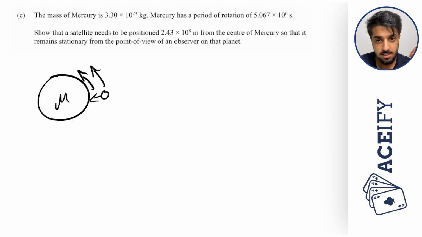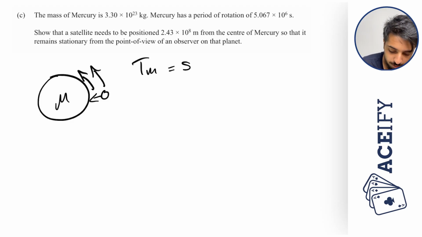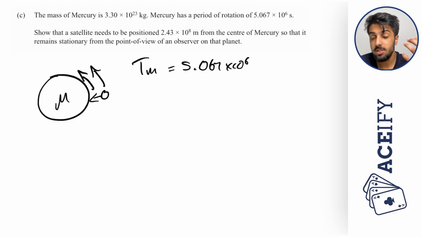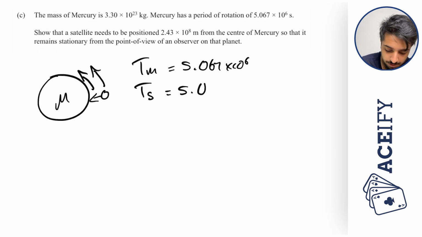And so the period of Mercury is equal to 5.067 times 10 to the 6 seconds, but because the satellite is staying in the same relative position to Mercury, the period of orbit of the satellite must be equal to the period of rotation of Mercury.